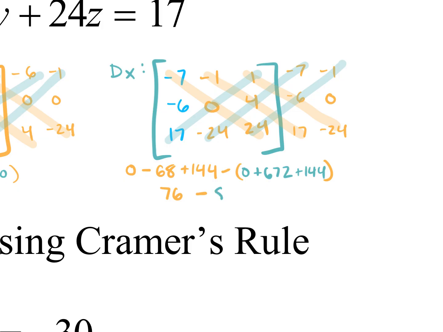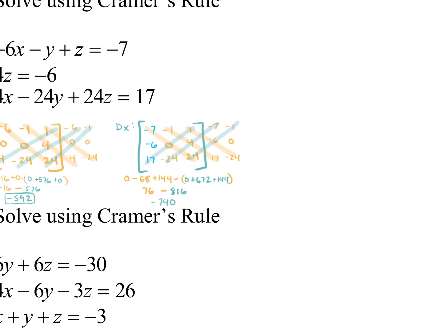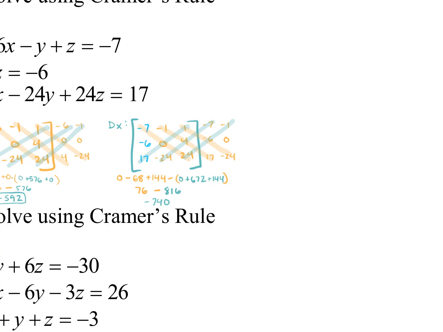So our minor answer would be 816. So 76 minus 816 would be negative 740. So that's d sub x. Let's find d sub y.